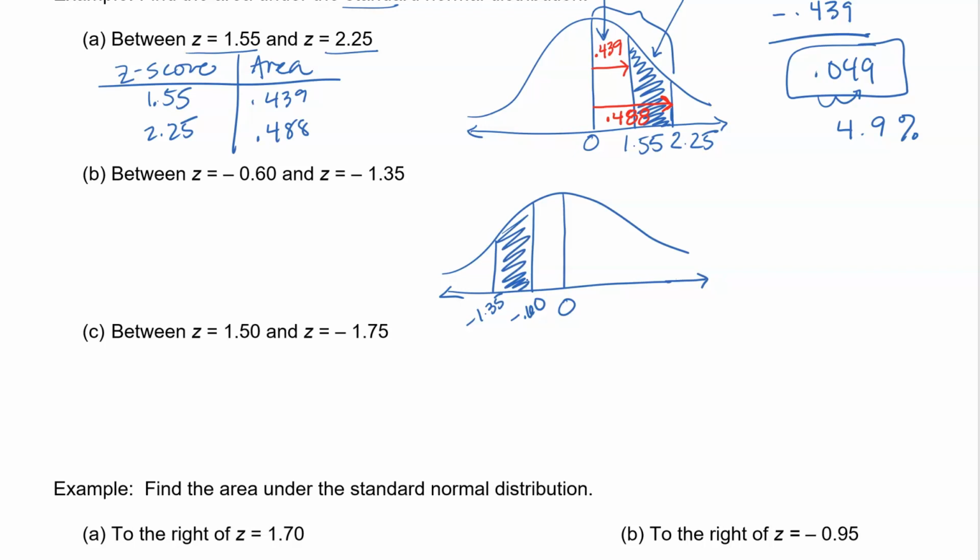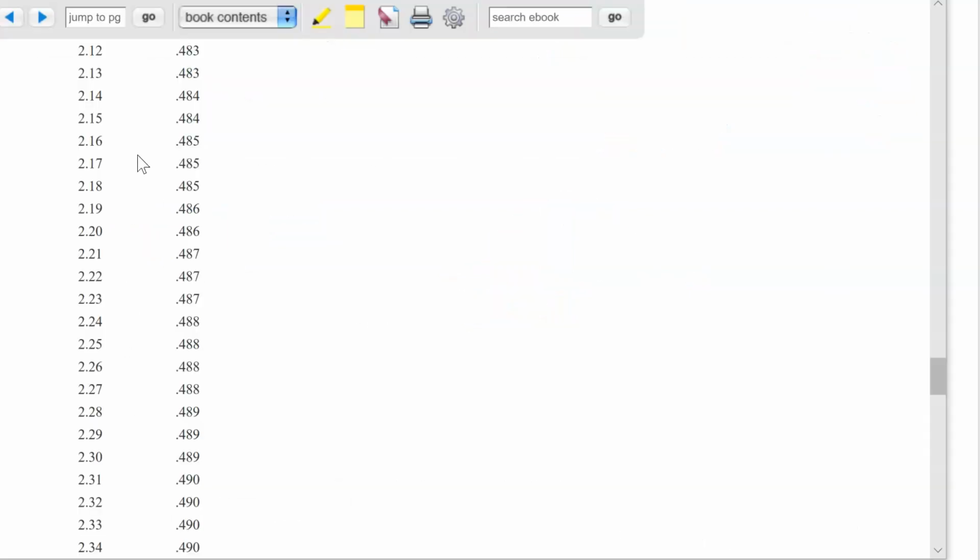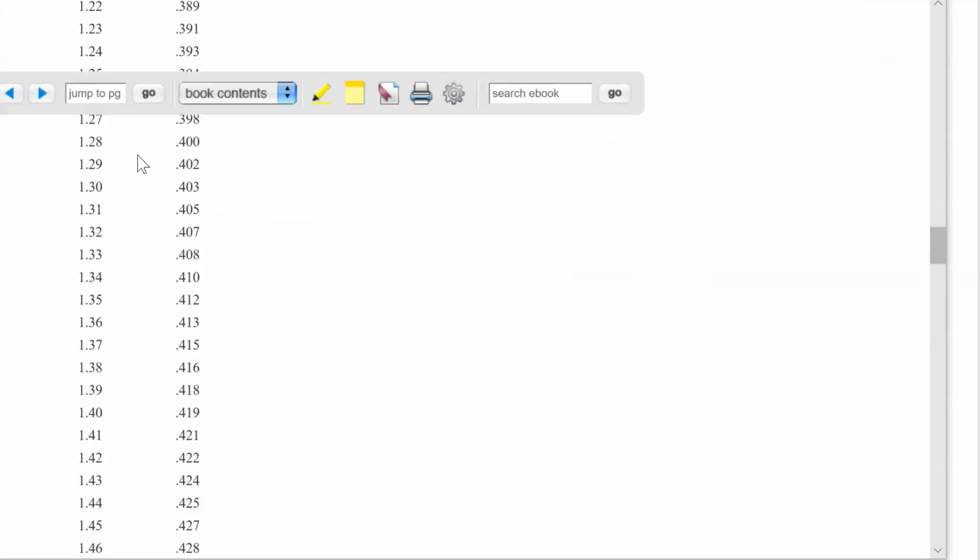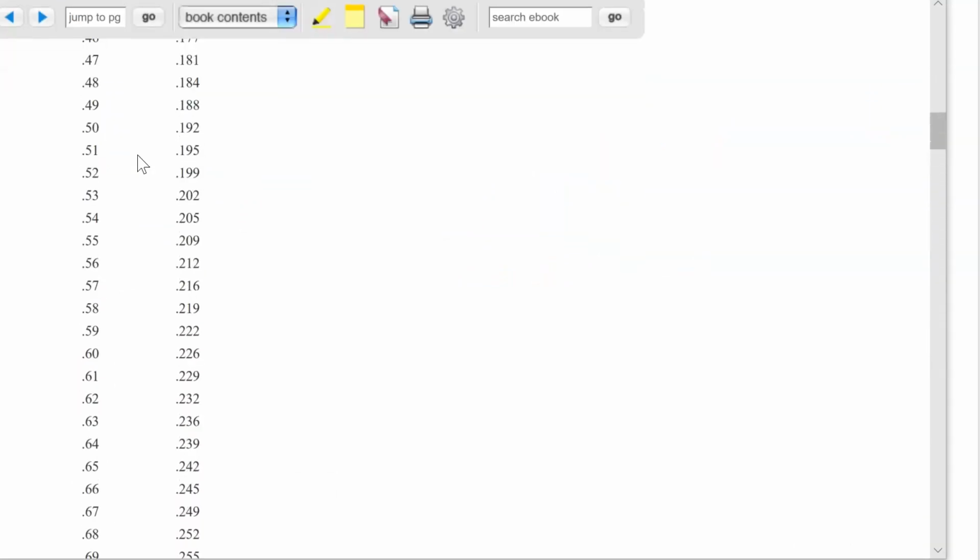I am going to look up the z-scores on the table and write down the areas for those. Something worth mentioning here: when you look up on the table, notice that none of the z-scores are negative. Well, the curve is symmetric. So if you want to find the area for negative 0.60, you can just find the area for 0.60.